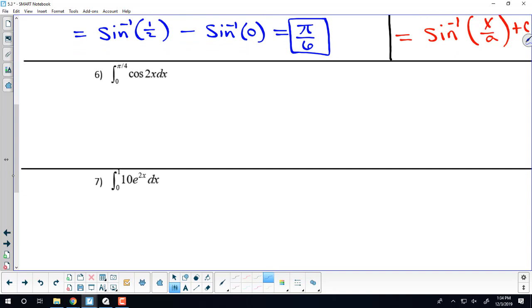Okay, how about the antiderivative of cosine 2x? Sine 2x over 2, what do y'all think?